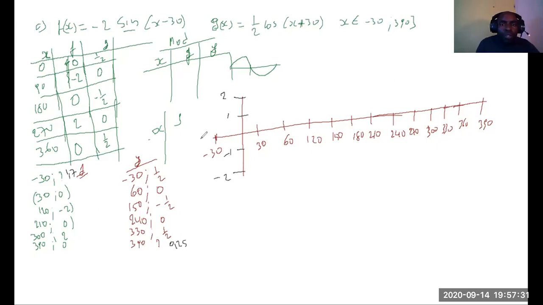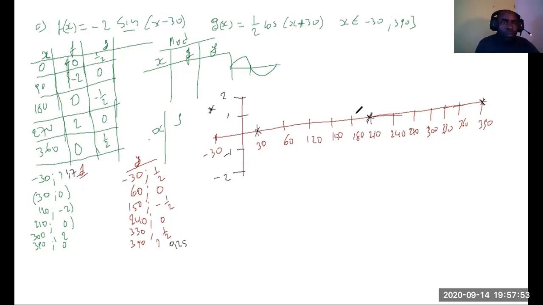So 1.7 should be somewhere here. Then I will go to 30 and 0. Let's look for my zeros. 210, I've got my 0 here. 390, I've got a 0 there.